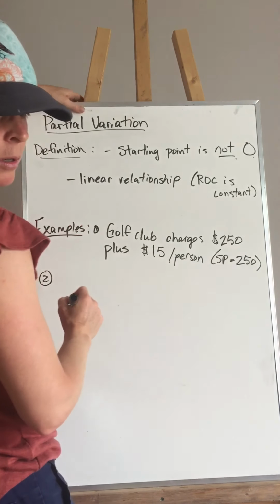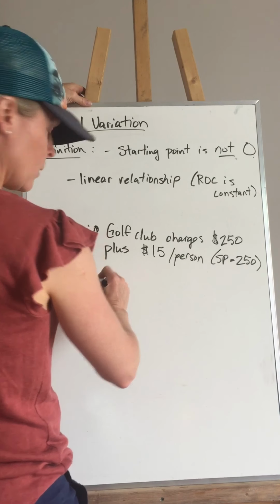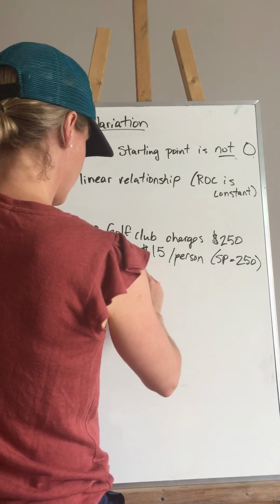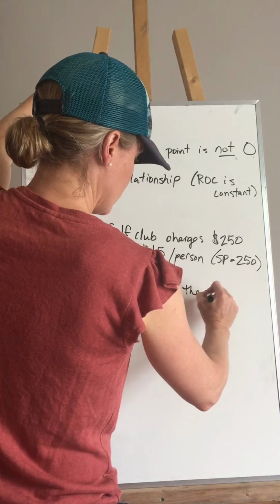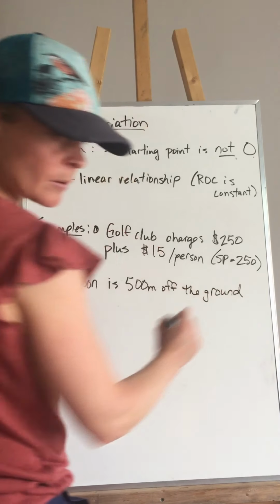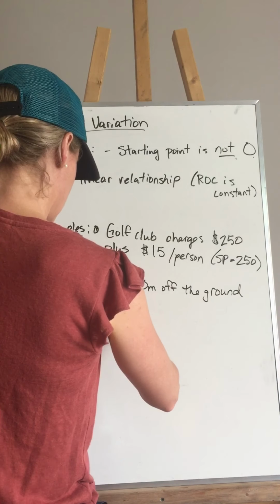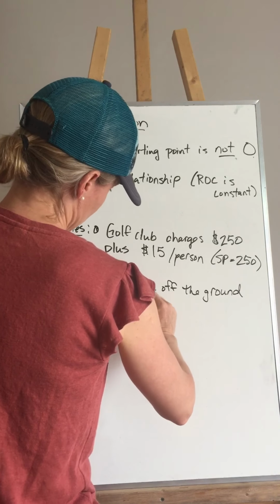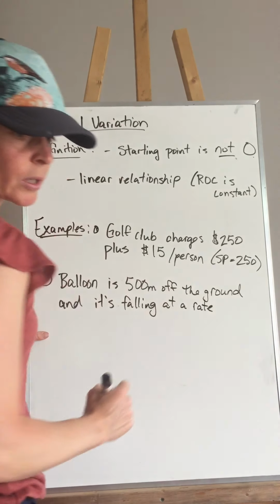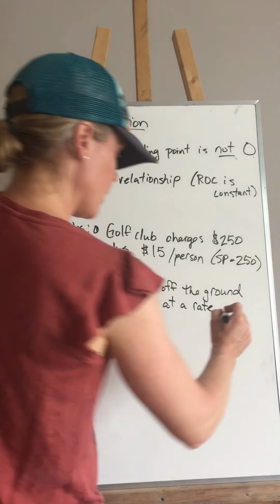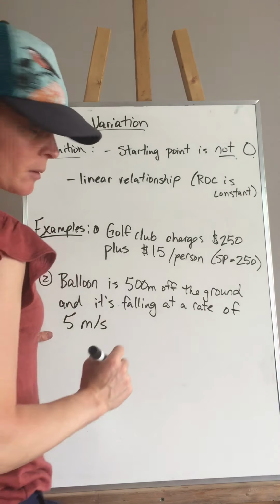Number 2, let's say you have a hot air balloon and it's 500 meters off the ground. Okay, and it's falling at a rate, so there's your rate of change, at a rate of 5 meters per second.